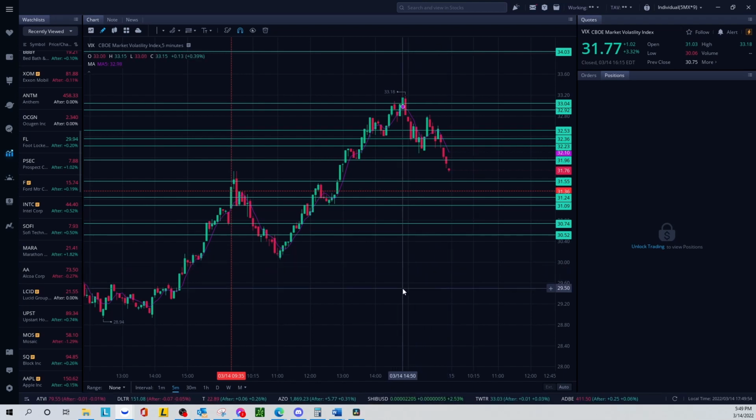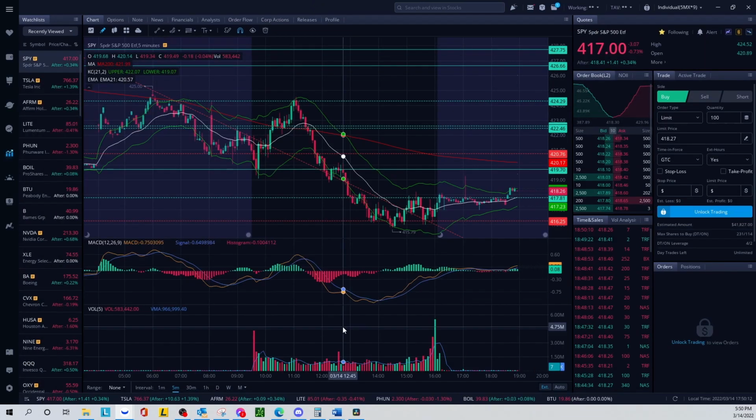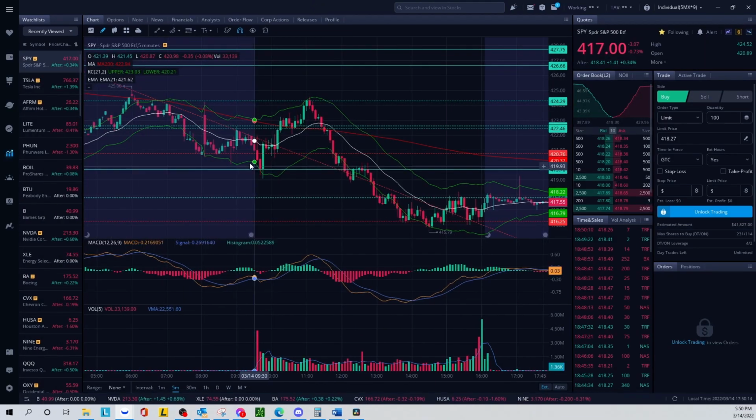And so today we saw at the open, the VIX moved higher. And so if the VIX is moving higher, what's SPY doing? So SPY is going to be moving lower, right? And so you get one big red candle there. And you can see that sort of corresponds with this price action. VIX moves higher, SPY moves lower.